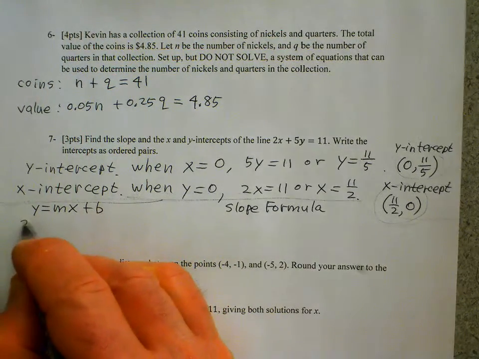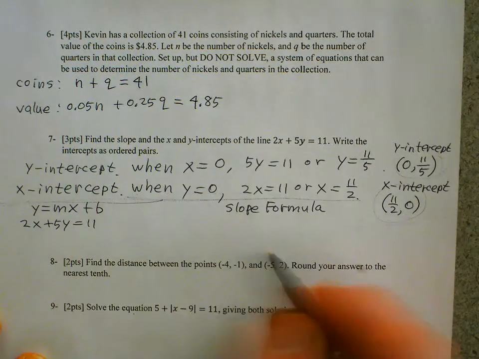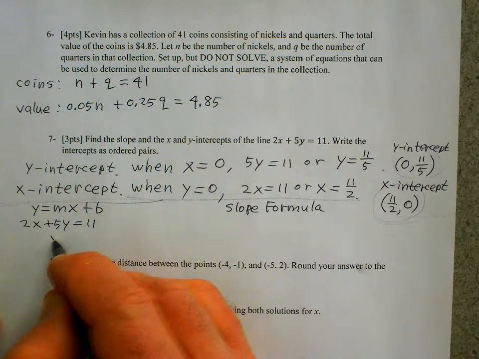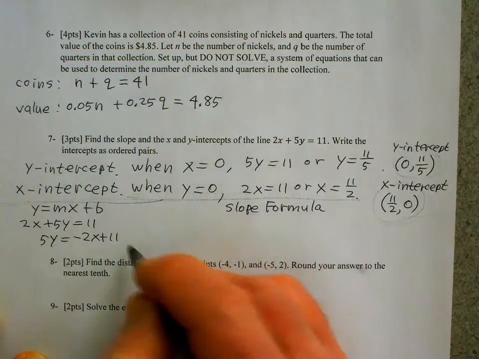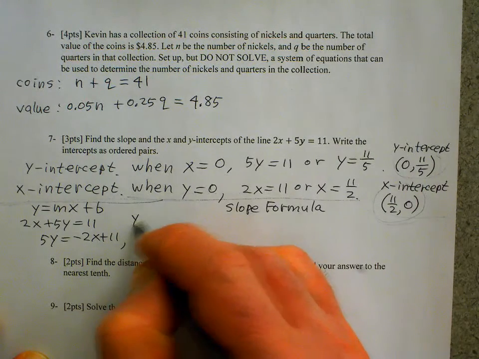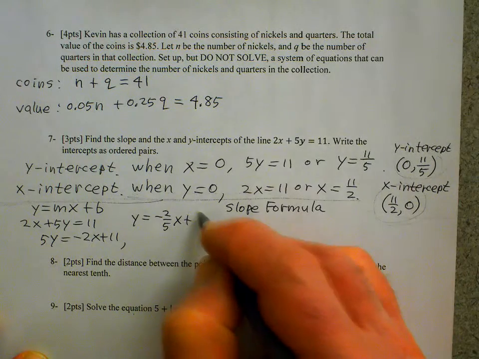I'll rewrite 2x plus 5y equals 11. Then subtract 2x from both sides. We get 5y equals negative 2x plus 11. Then divide every term on both sides by 5. We get y equals negative 2/5 x plus 11/5.